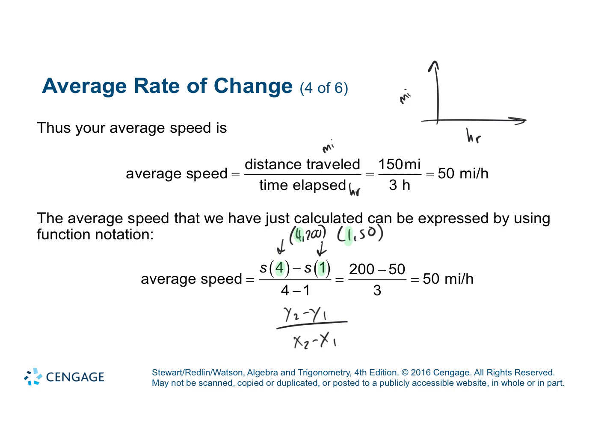You plug in the y for that corresponding ordered pair, 200 minus 50 over 4 minus 1, which will give you 150 over 3, which is the 50 miles per hour, what we just did. If you don't want to remember the function notation, you don't have to. As long as you know the formula y2 minus y1 over x2 minus x1, you should be fine. The function notation is just another way of saying the exact same thing.